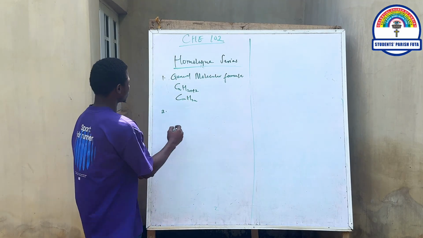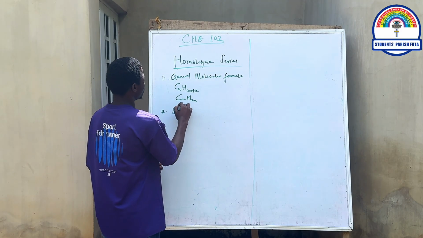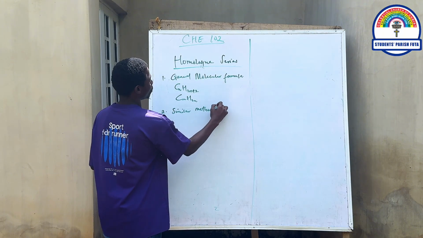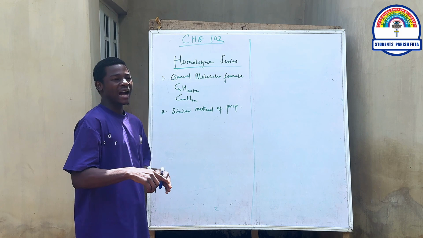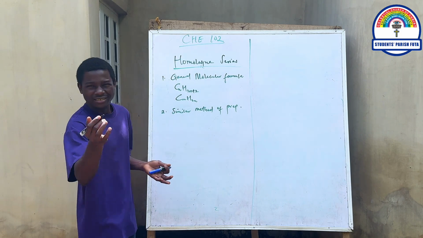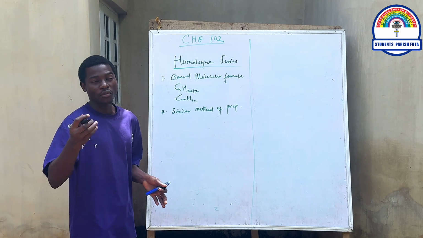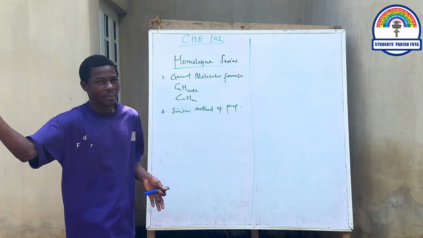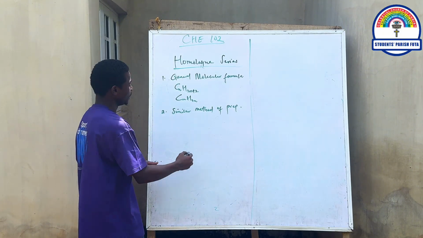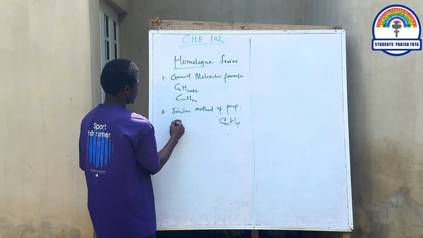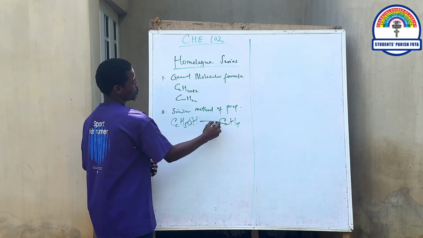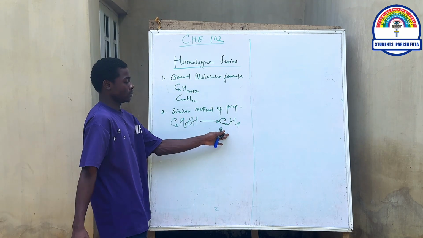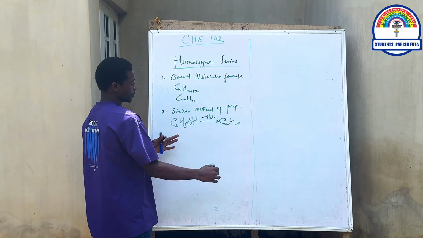Another thing homologous series does is similar method of preparation. If you know the method of preparing one member in that family, you can still tell the method for preparing other members of the family. For instance, let's look at the alkenes. To prepare ethene, you can just dehydrate ethanol. That is removal of water from ethanol to get it.